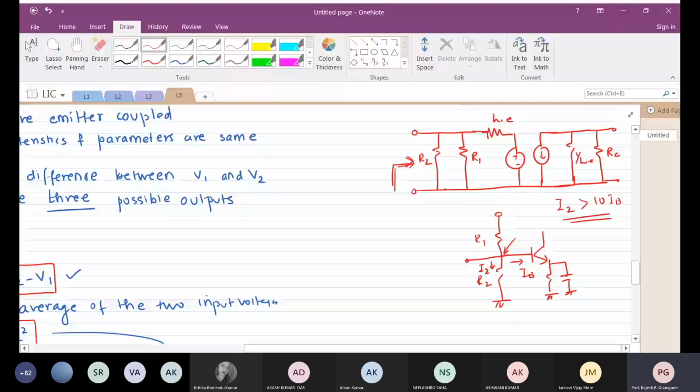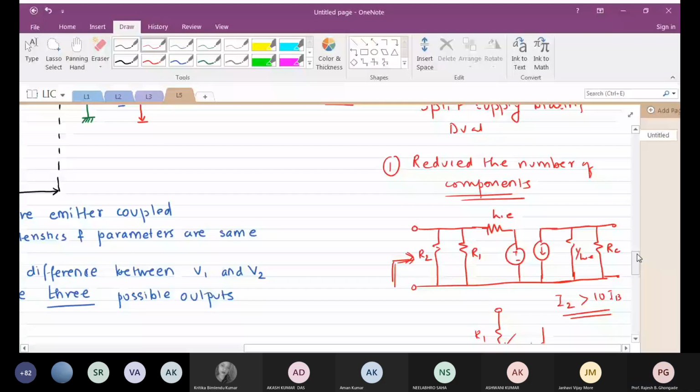And what have we said about voltage amplifiers? The input impedance should be as high as possible. So this is a compromising situation. I cannot decrease R1, R2 beyond a certain level. I cannot increase R1, R2 beyond a certain level.